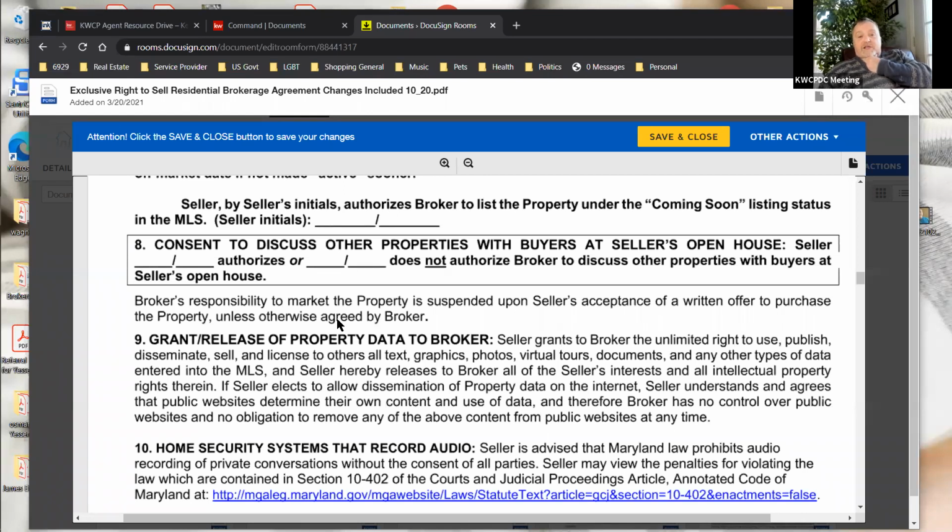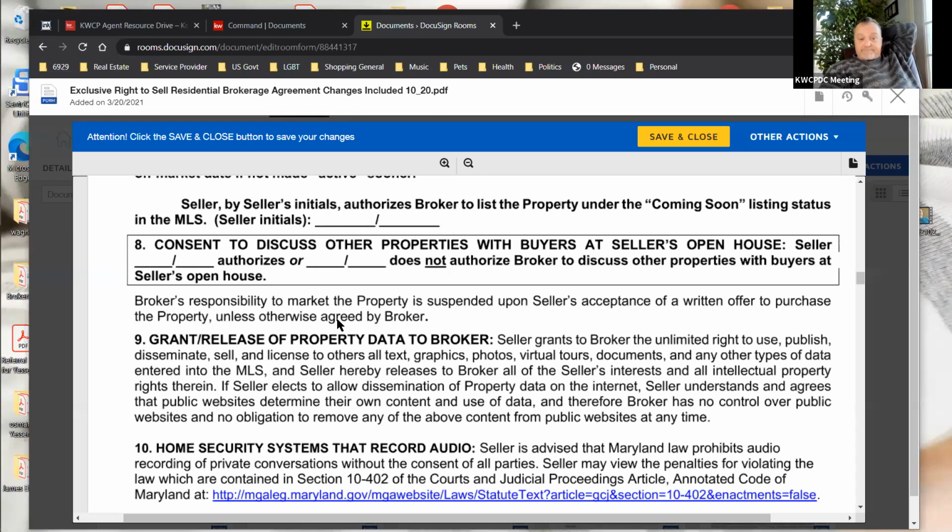So it basically is a scenario where, if a question comes up about other properties, you're either going to have to say, sorry, I can't discuss that right now, but I'd be happy to meet you later, or you are authorized to have that discussion right then and there. So this is a matter of being loyal and having all of the attention going to your client's property, or whether or not the seller is allowing you the latitude to have that kind of conversation to talk about other properties.